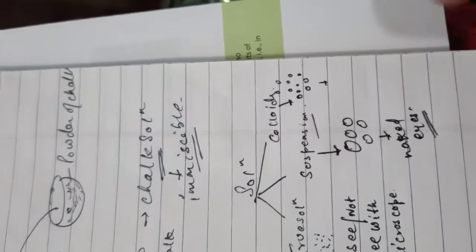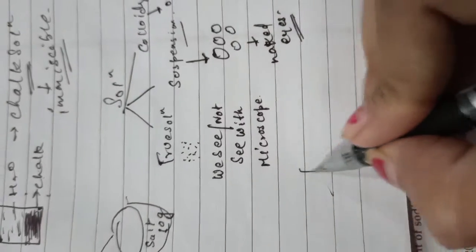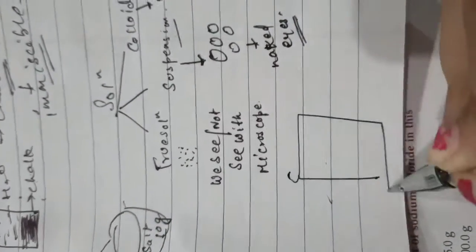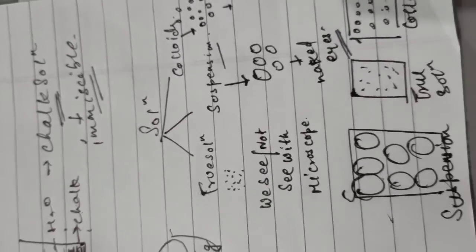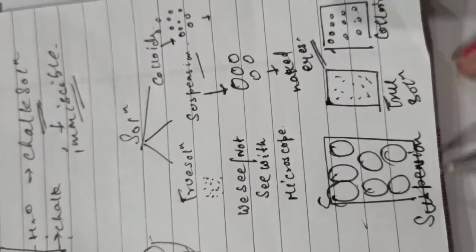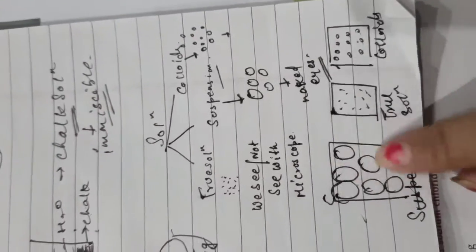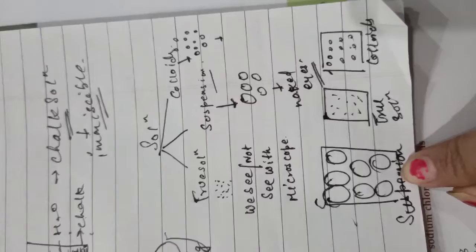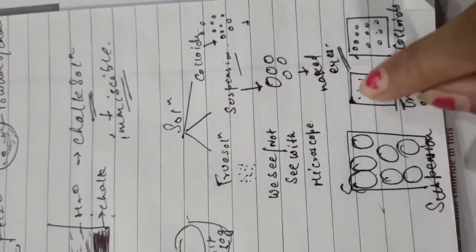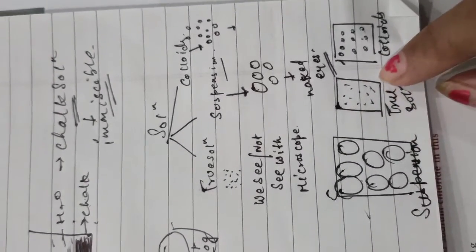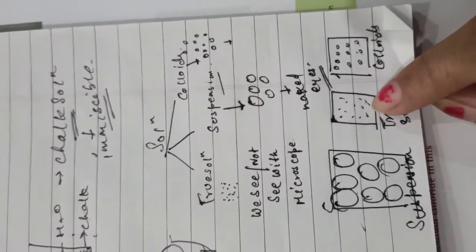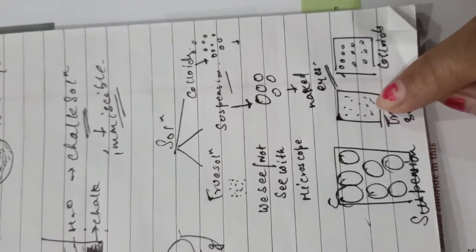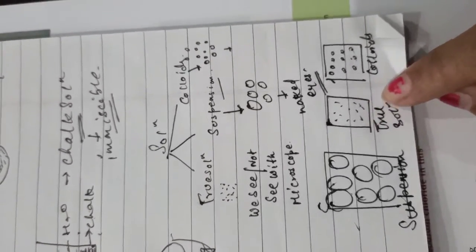For example, if we make a diagram of this, you can see the diagram here. A bigger diagram is a suspension, bigger particles are present. Very small particles are present, that is a true solution. It means we cannot see with the naked eyes, or sometimes cannot see even with the microscope.